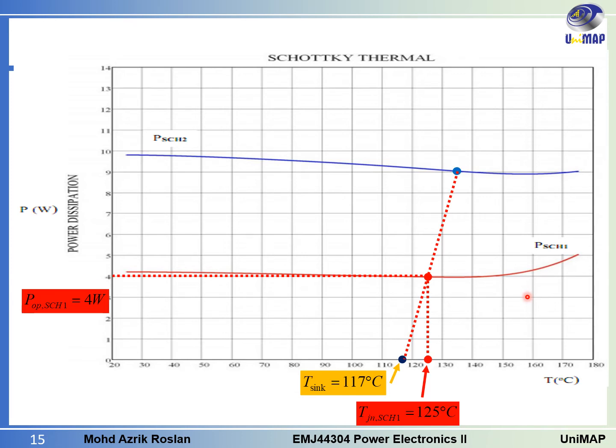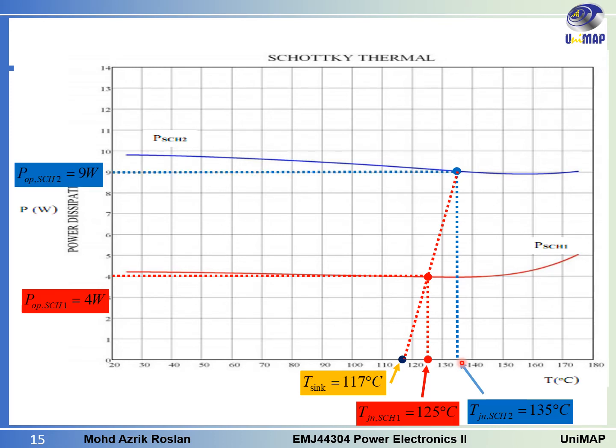And then from this we can draw a straight line to the x-axis here, and this is the junction temperature for Schottky 2, which is 135 degrees C. When we draw a straight line to the y-axis, we know that the power dissipated at this point is 9 watt.